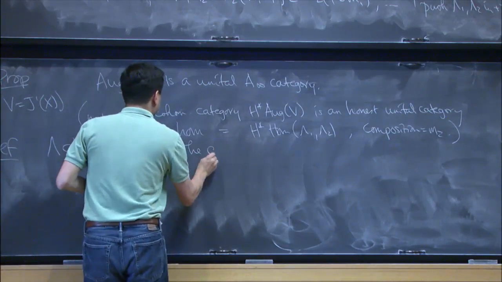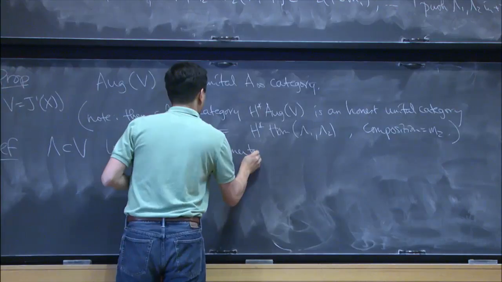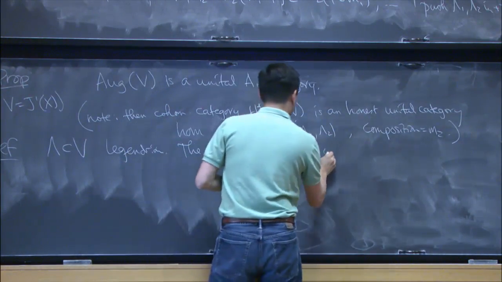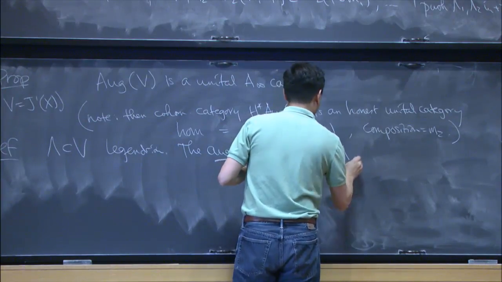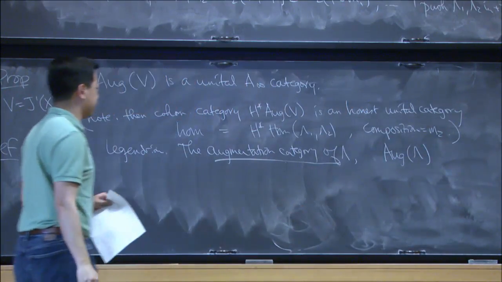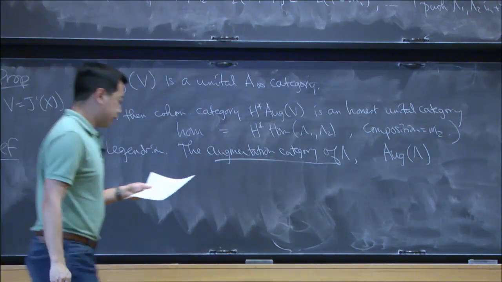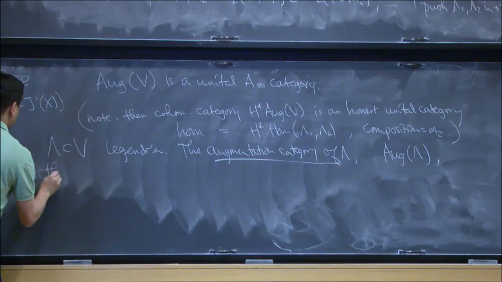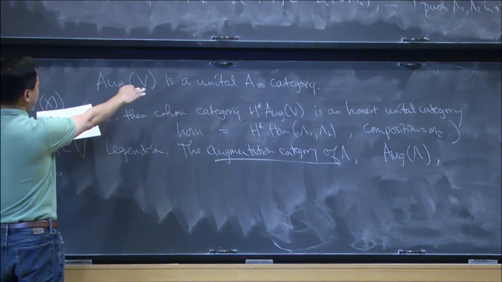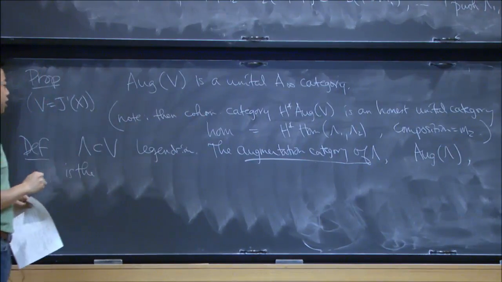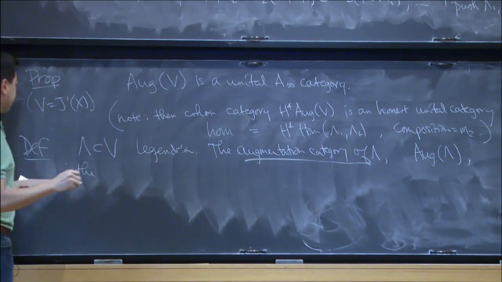Then the augmentation category of lambda, which I'll write as aug of lambda, and which we wrote as aug plus of lambda before, is the full subcategory. It's essentially just this category, but restricted to objects where the Legendrian is lambda. So the augmentation can vary, but the object is always lambda.